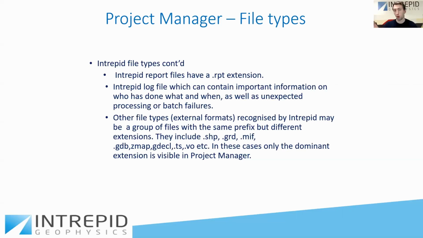So your history file will output to your working directory, whichever directory you're running your processes in, in Intrepid. And that history file will be a constant. So every time you perform a new processing step or alter files within that directory, it will append the history file with that processing step.